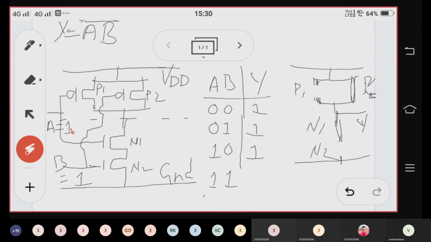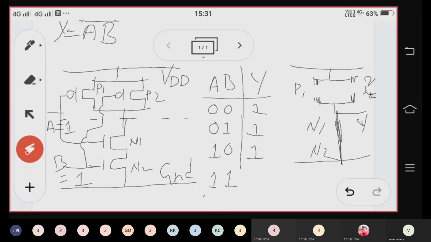A equal to 1 is given to P1 and B equal to 1 is given to P2, so both PMOS transistors are in off condition. Both A and B equal to 1 are given to N1 and N2, so both N1 and N2 are in on condition.